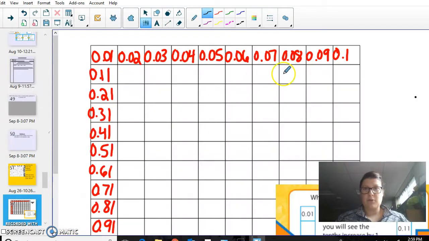So I've started one for us here. Okay, and notice that I started at 0 because we know a decimal isn't a whole number yet. So right here, I have 1 hundredth, 2 hundredths, 3 hundredths, 4 hundredths, 5 hundredths, 6 hundredths, 7 hundredths, 8 hundredths, 9 hundredths, and finally 1 tenth.